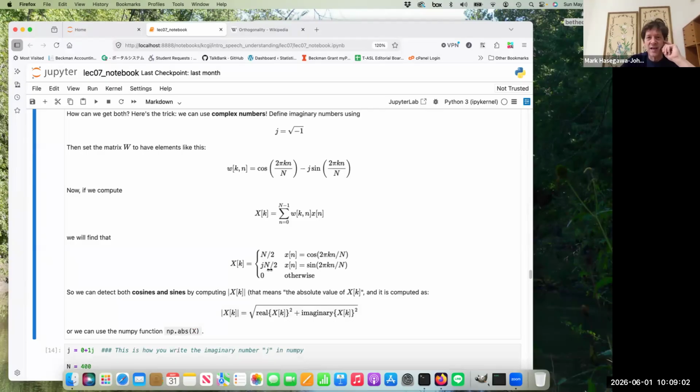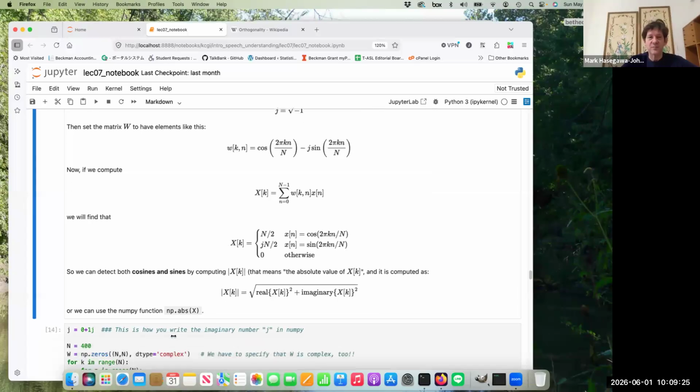It will equal j times capital N over 2 if the input has a sine at that frequency. We don't really care whether it's a cosine or a sine, and so we can get back whether there is a tone at that frequency or not by taking the square of the real part plus the square of the imaginary part and taking the square root, which is done using the NumPy absolute value function.